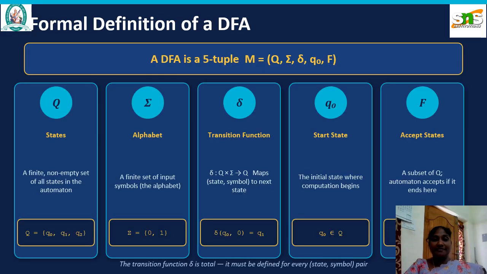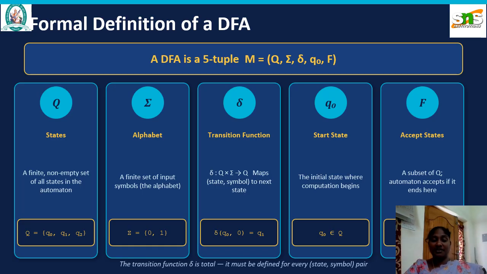The formal definition of DFA: a DFA is a 5-tuple, which includes Q, sigma, delta, Q0 and F. Capital Q is the set of states, which is a finite number. Sigma is the input alphabet, which is also a finite set of input symbols.